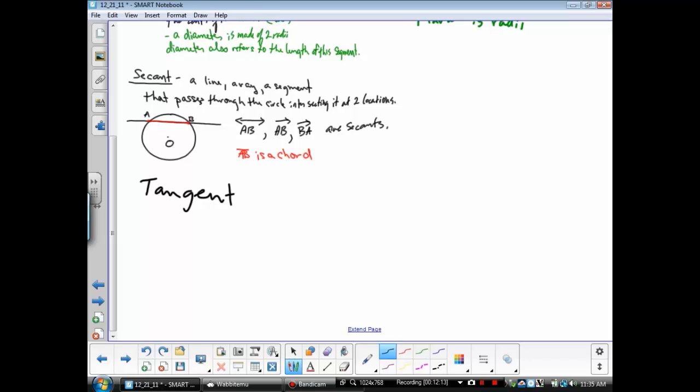It could be a segment, but there is something specific about it in order for it to be a tangent. Its line can only intersect the circle at exactly one point. So a tangent is a line that intersects a circle at exactly one point.